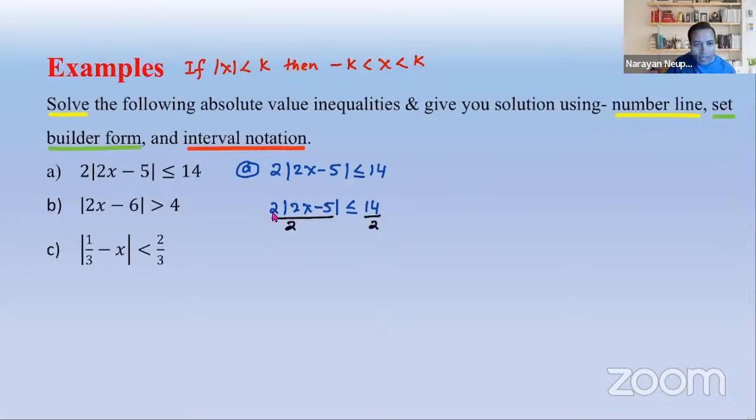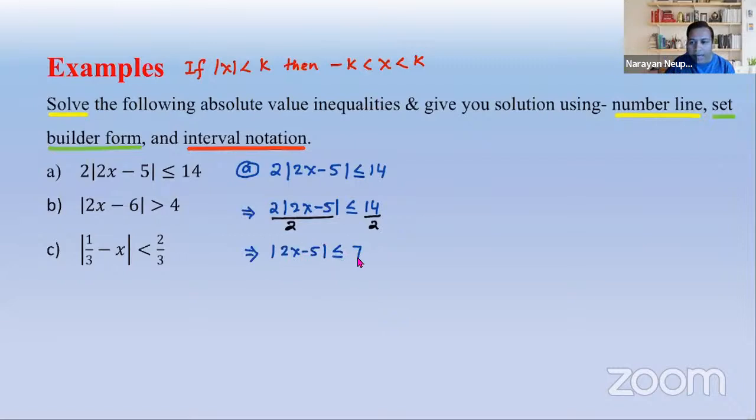Now you can see 2 and 2 cancel. You'll get the absolute value of 2x minus 5 is less than or equal to 14 divided by 2, which is 7. Now you can see we have a less than.